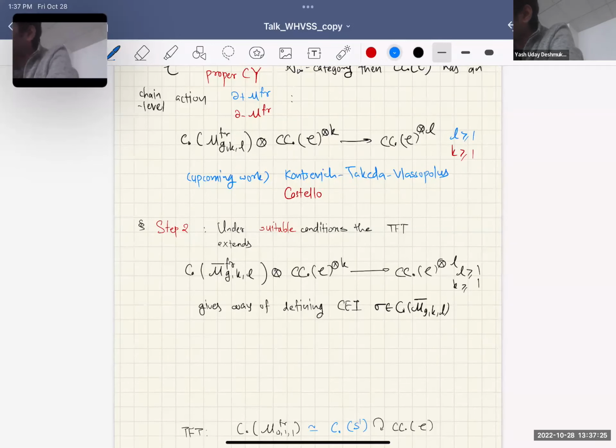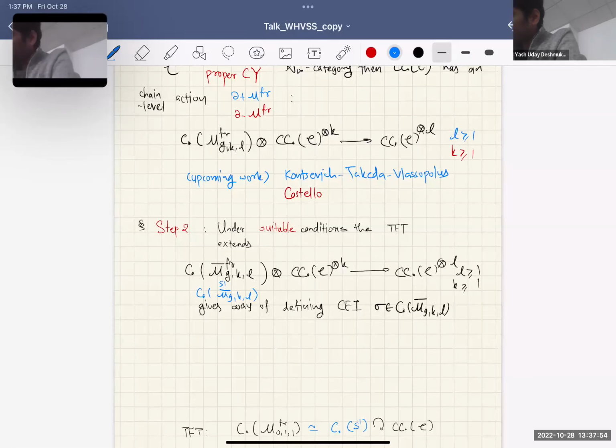Because remember, we mentioned that this moduli space has the same homotopy type as the usual Deligne-Mumford compactification. So if you give me a chain inside the Deligne-Mumford compactification and certain classes in the Hochschild chain, then I can tell you what the associated categorical enumerative invariant has to be using this map. Okay.